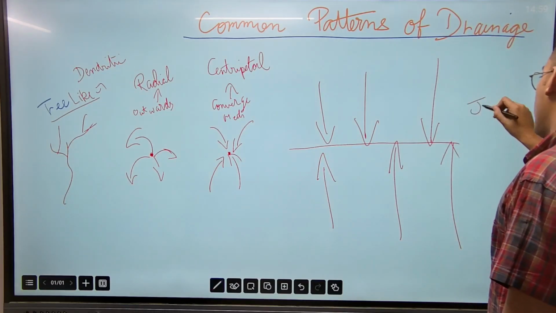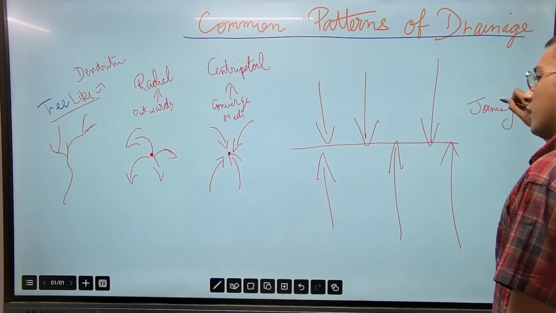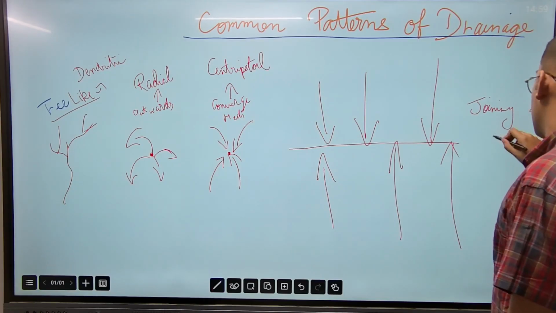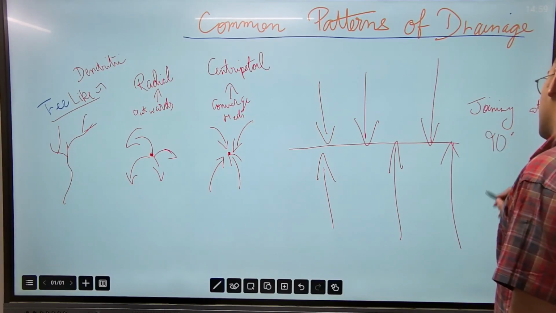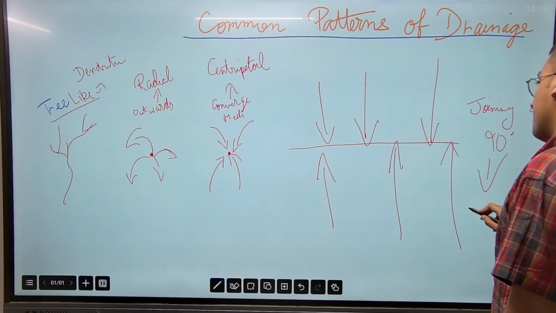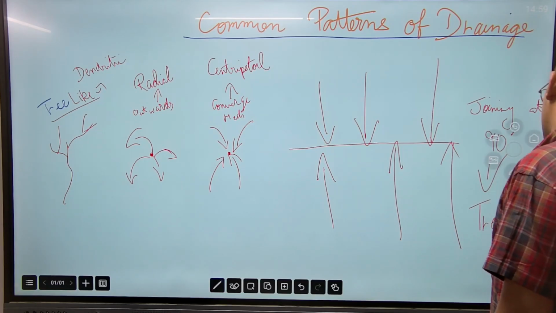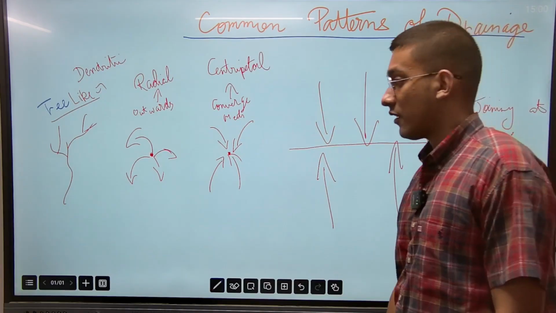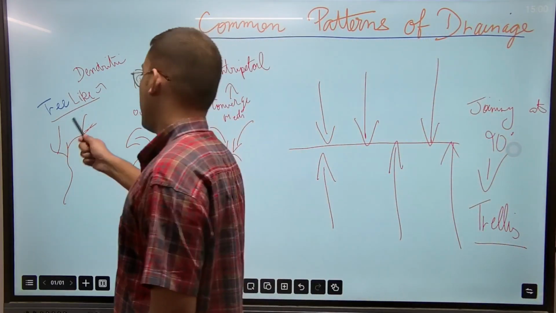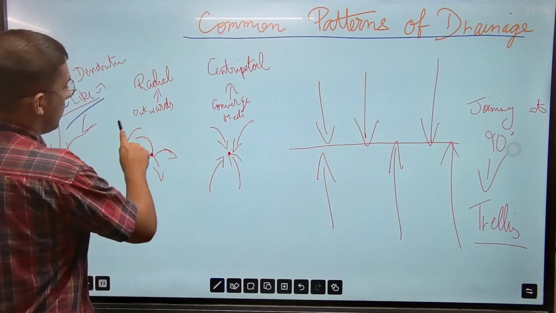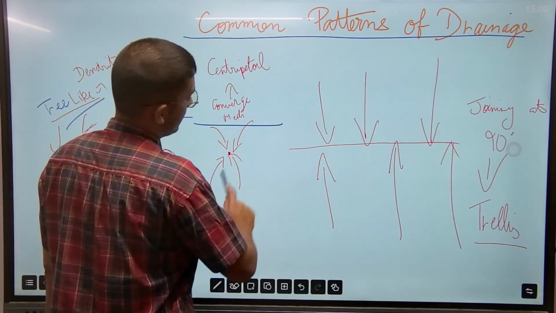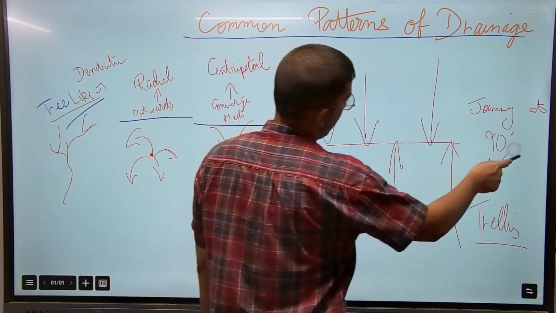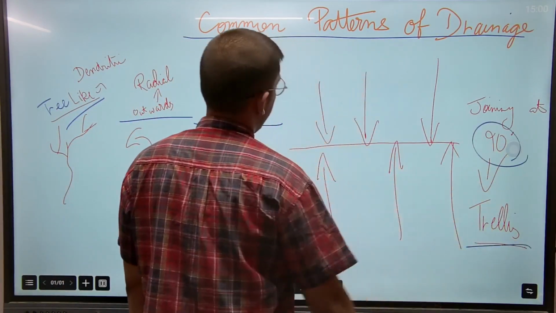Whenever the words written are joining at 90 degree, answer will be, rest assured, trellis. Tree like will be dendritic, outwards radial, converges or meets will be centripetal, and whenever it's 90 degree, it will be trellis.